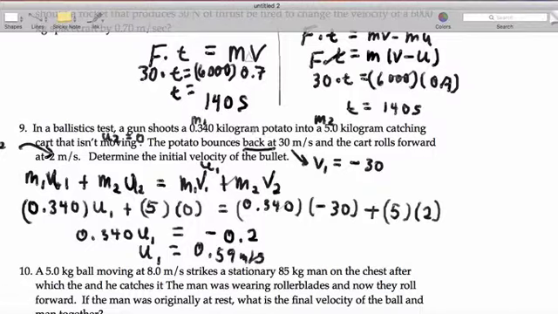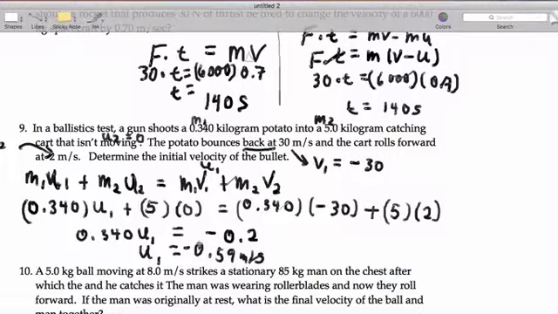Let's just double check our numbers. So we have 0.340 u1, 5 not moving, the potato bounces back at 30, the cart rolls forward at 2. So yes, this is it. I am in fact getting a negative speed for the bullet. So that is very interesting.